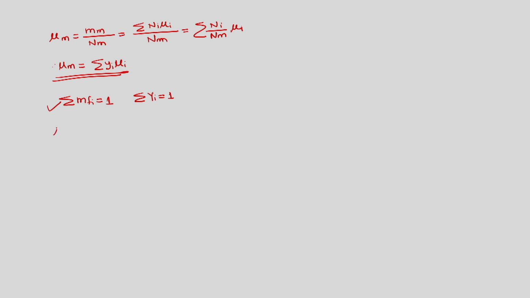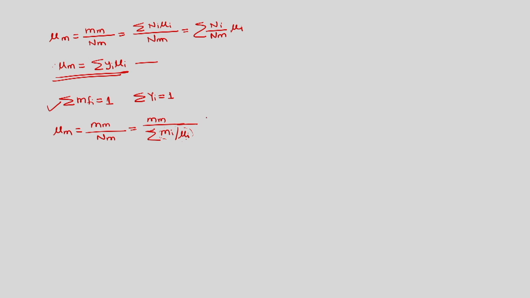We can also write the mixture molecular weight as another relation, the mixture mass divided by the number of moles. The number of moles of the mixture can be written as the mass of i divided by the molecular weight of i, which is basically Ni, summed over all i.